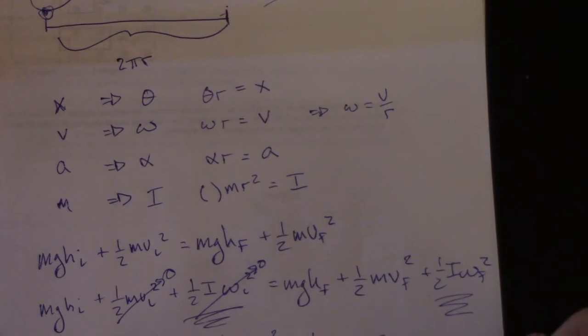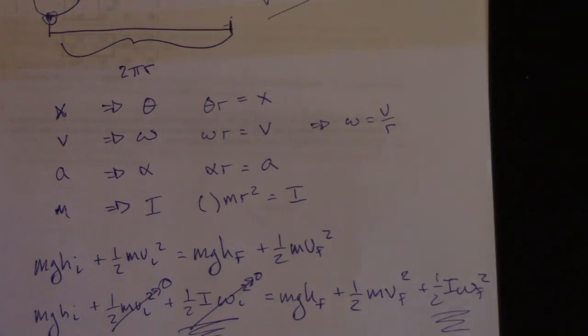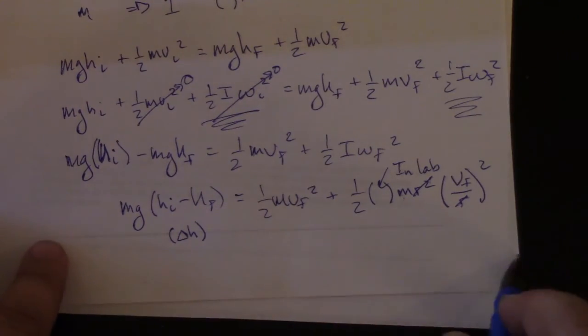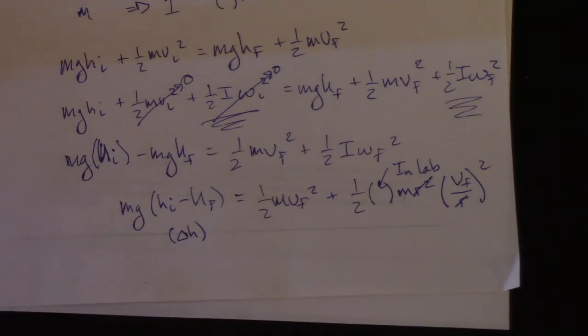And so your r's will cancel and you'll get left with something times m vf squared, and so your units are going to check out. And that is how we want you to go about solving for the final velocities of your rotating objects.